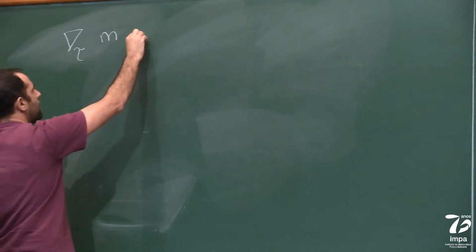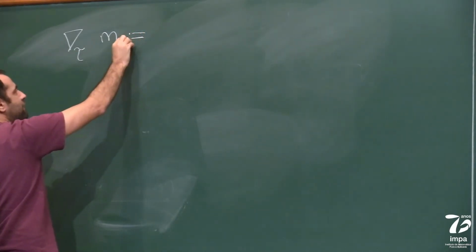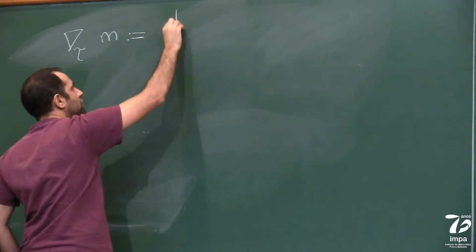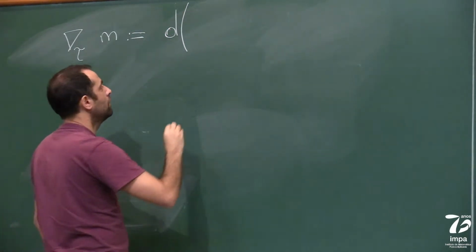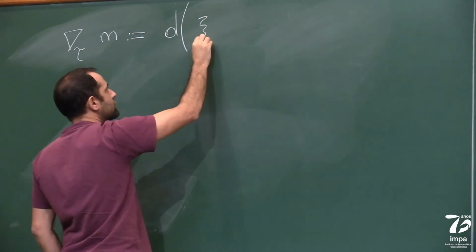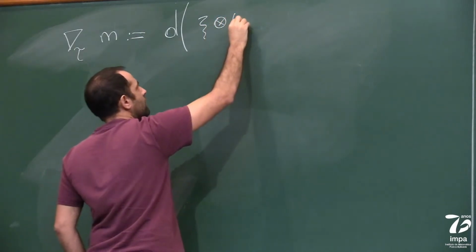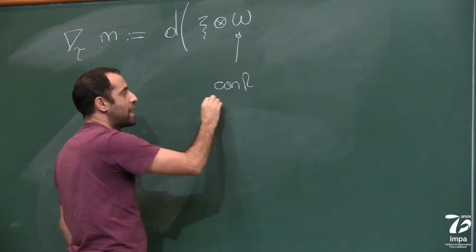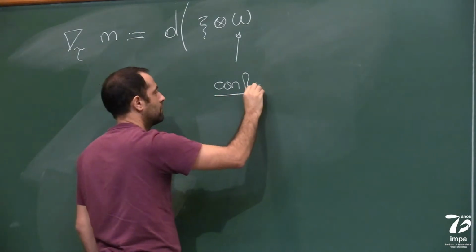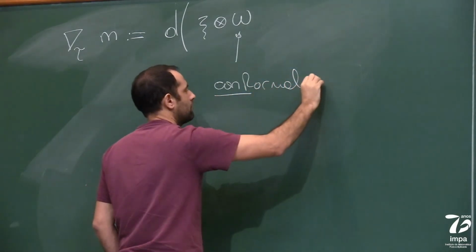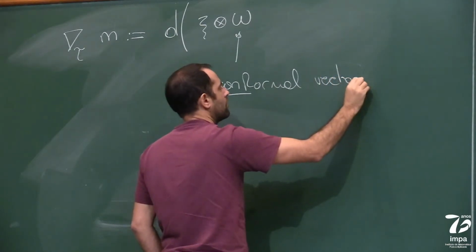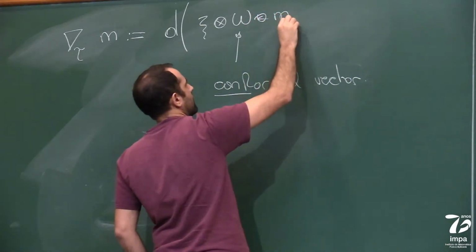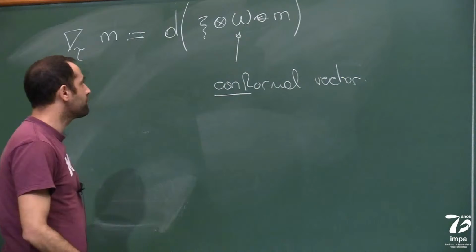Well, this is going to give him, by definition, the differential of that zeta function, tensor the conformal vector, and here I will need, and this is the first time that we actually need the full conformal vector, tensor m.